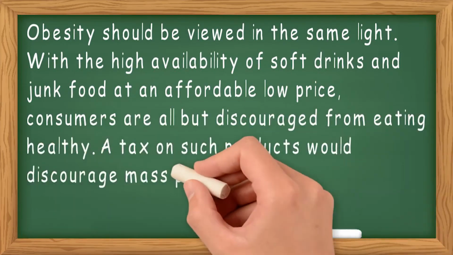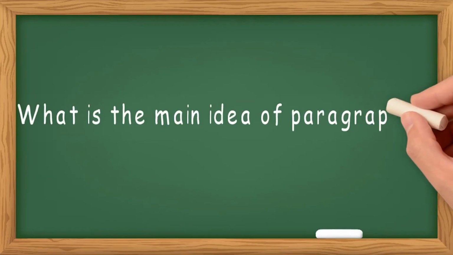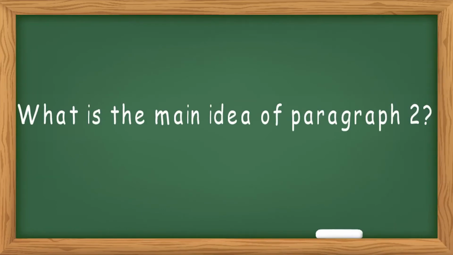With the high availability of soft drinks and junk food at an affordable low price, consumers are all but discouraged from eating healthy. A tax on such products would discourage mass purchasing and positively impact our society by curbing obesity rates. What is the main idea of paragraph 2?